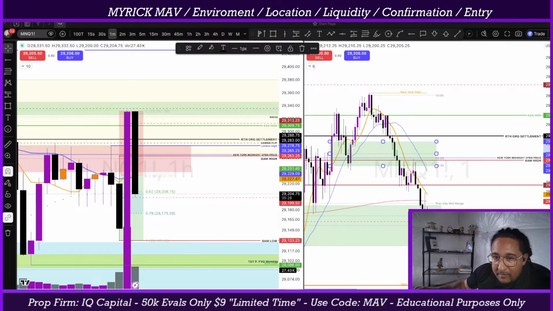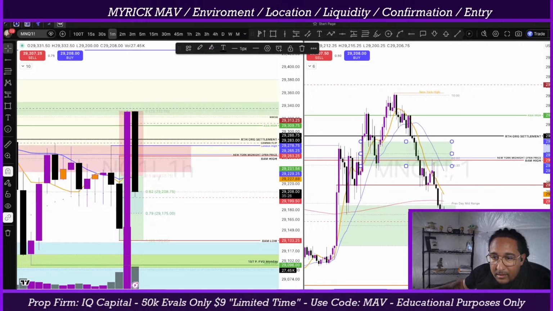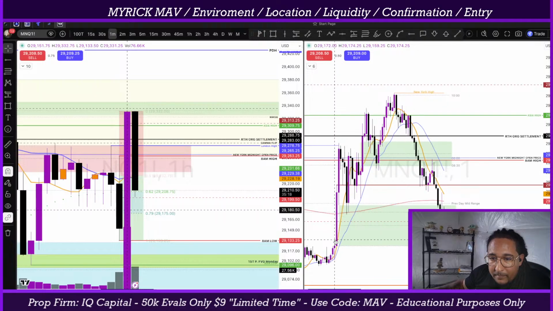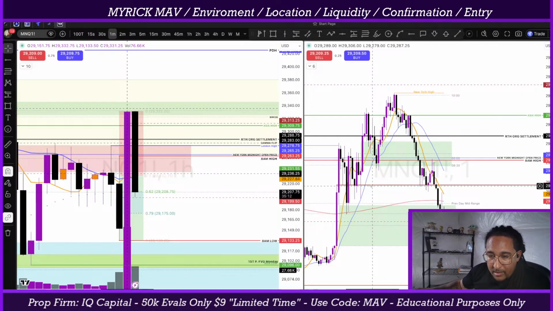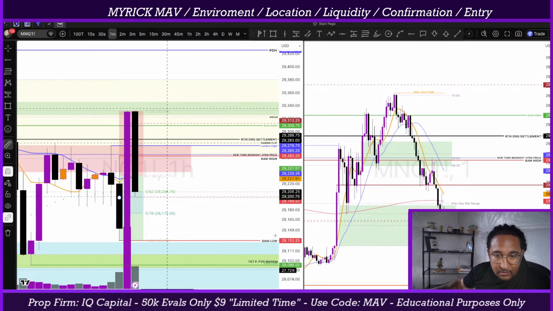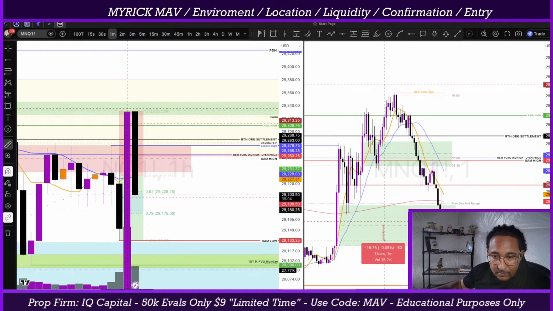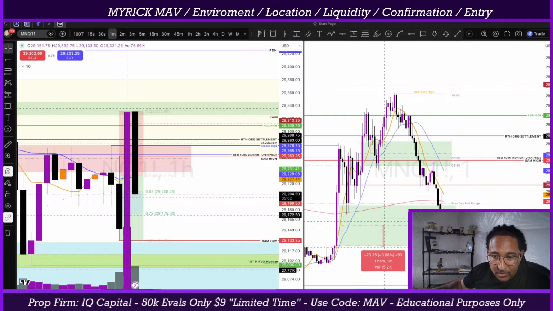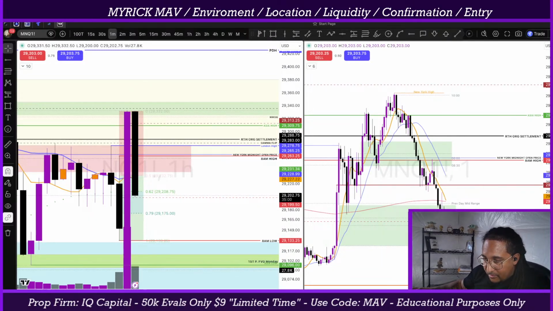So I want to aim for 9:30, which is here. If we get below consequent encroachment of this gap, then I may scalp down to our 9:30, which would be a 20-point trade, which is not too bad, not too shabby.